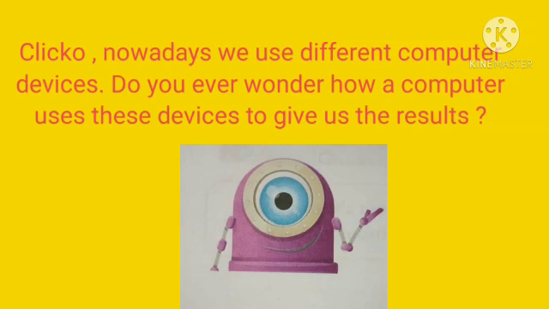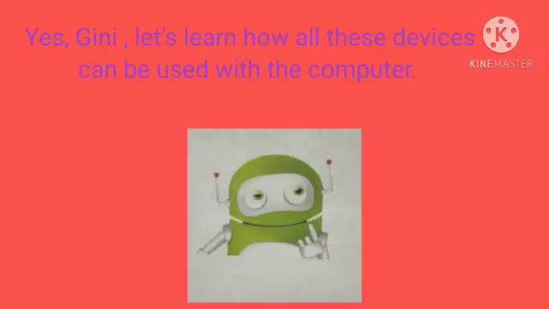Clico, nowadays we use different computer devices. Do you ever wonder how a computer uses these devices to give us the result? Yes, Jeannie, let's learn how all these devices can be used with the computer.